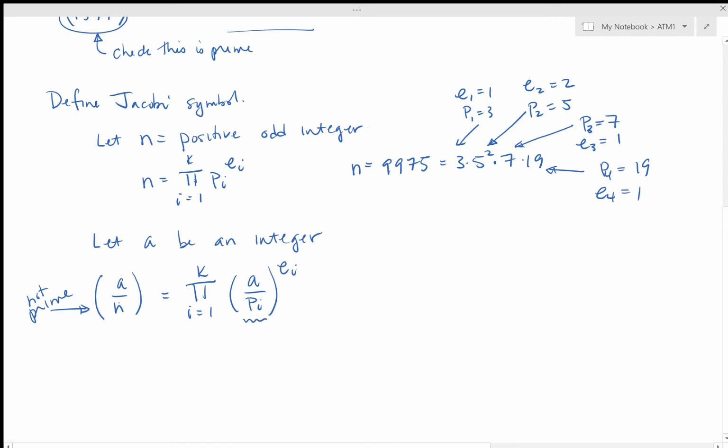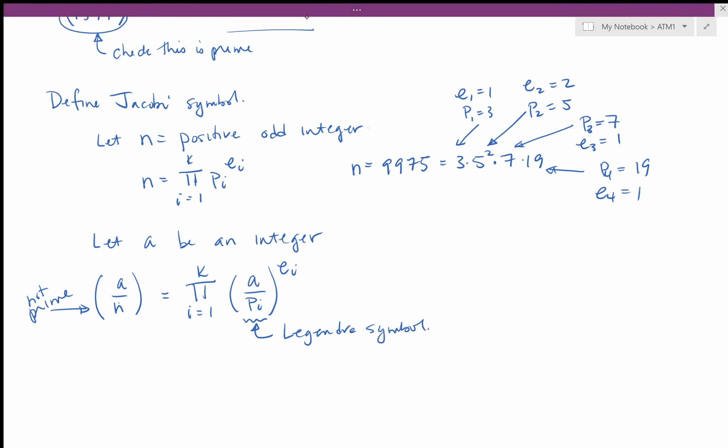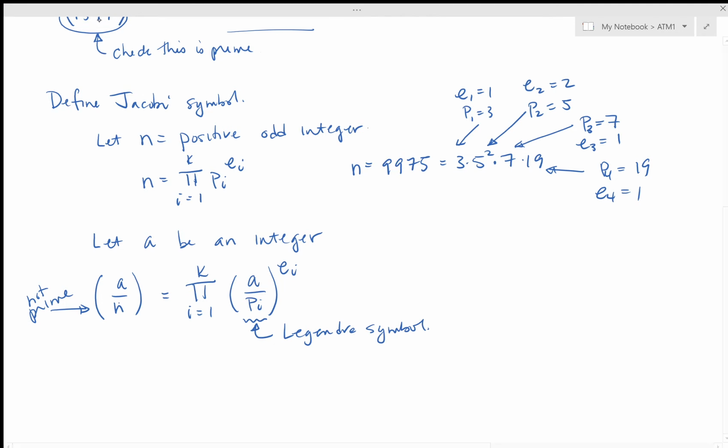Because the denominator there is prime, this thing here is the Legendre symbol. And the k, the indexing, that is how many distinct primes I have in n. So this is the number of distinct primes in n.